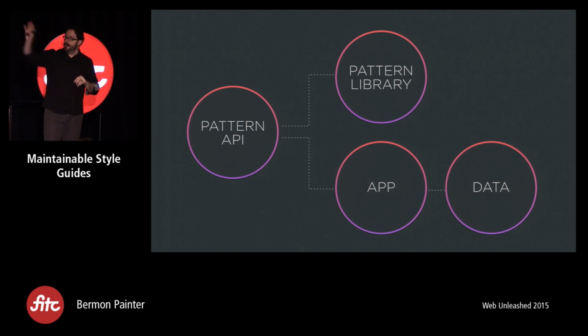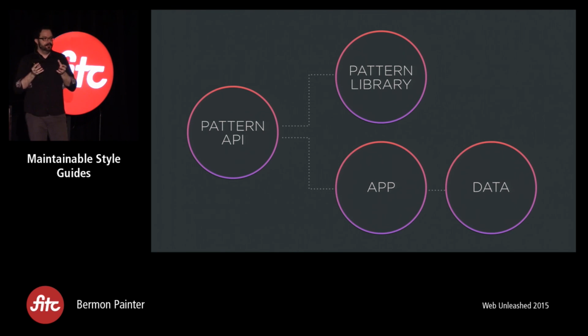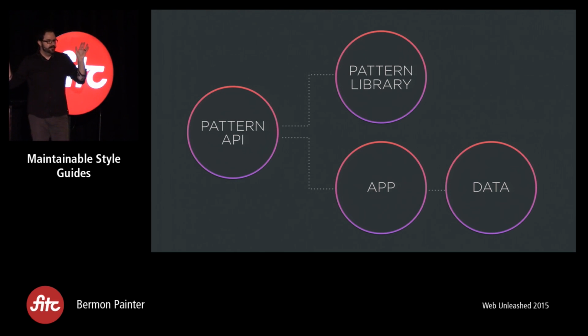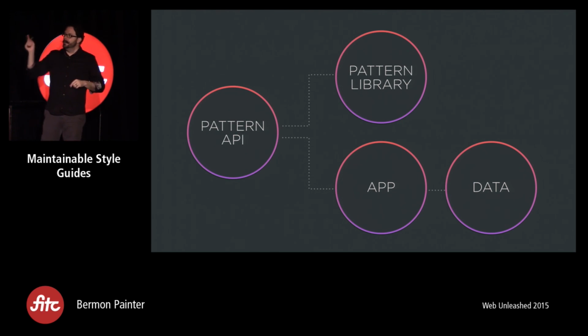I have my pattern library that lives on its own. It's just there as a visual representation, or as the API. So it houses all of my patterns and all of the unit tests and everything that makes those patterns patterns. And then I can use that pattern API, call that from my pattern library, and basically just call every single pattern that I have, and it'll give me everything that I need.